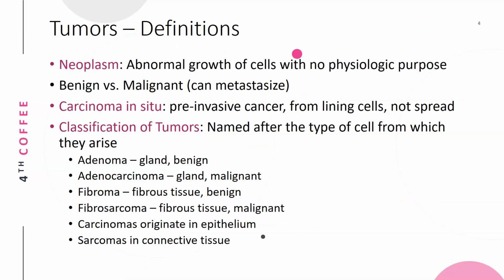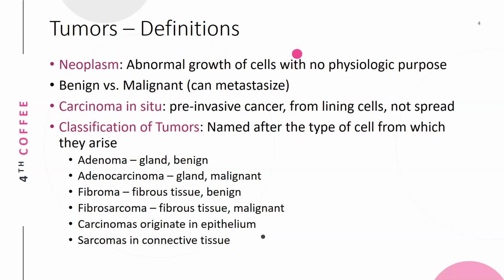A few definitions. Neoplasm is an abnormal growth of cells with no physiological purpose. Some tumors can be benign, others can be malignant. Benign tumors are usually self-contained. They're not growing out of control, they're usually much slower progressing, and basically they're non-cancerous.